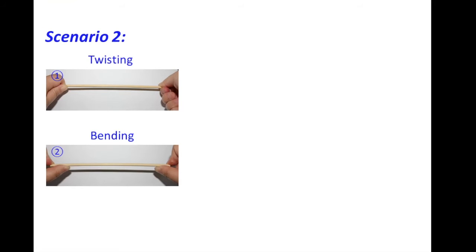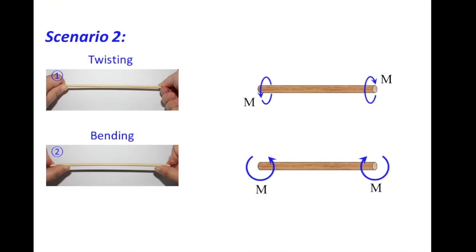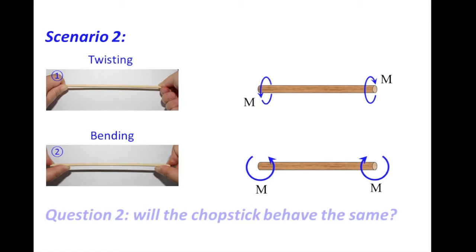Scenario 2. I am holding the same chopstick, but in image 1 I am twisting it, and in image 2 I am bending it. Let's assume I am applying exactly the same couple moments on the chopstick, but in different directions. The question is, will the chopstick behave the same in these two situations?